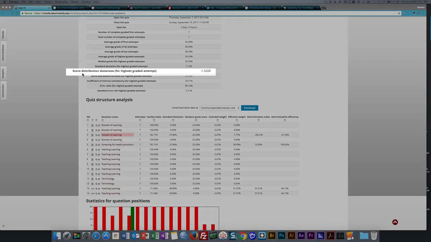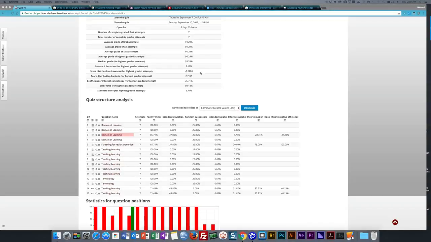Then we have the score distribution skewness, negative 1.5. The skewness is a measure of the asymmetry of the distribution of scores. 0 implies a perfectly symmetrical distribution.